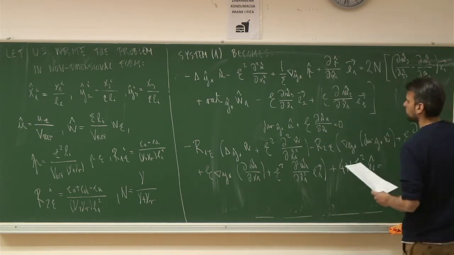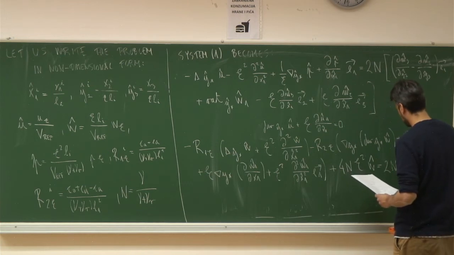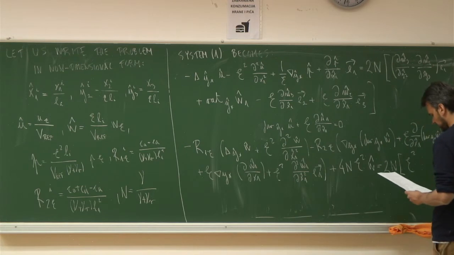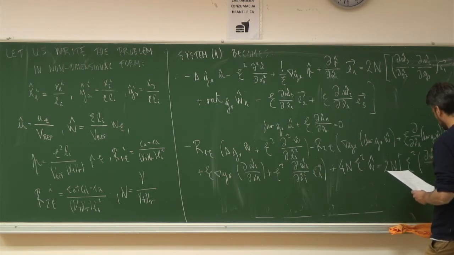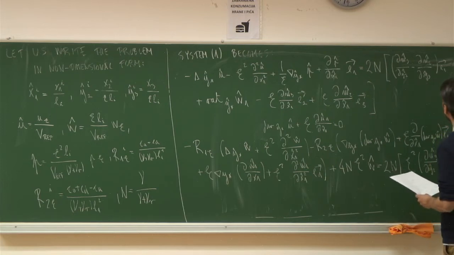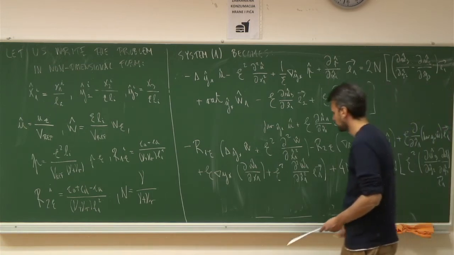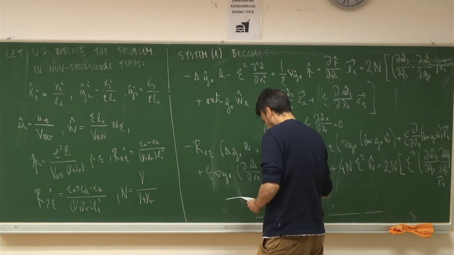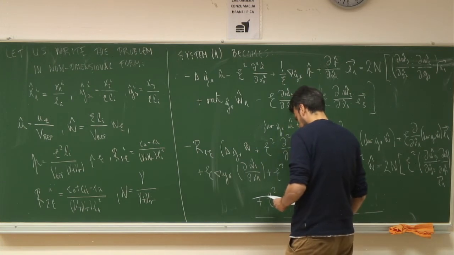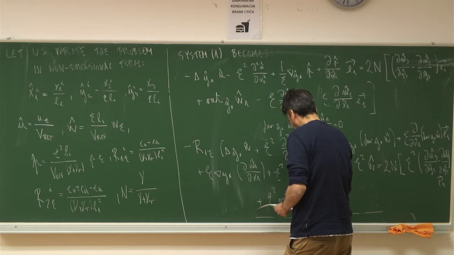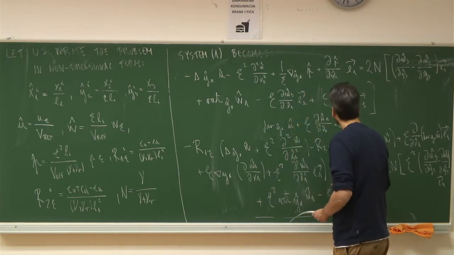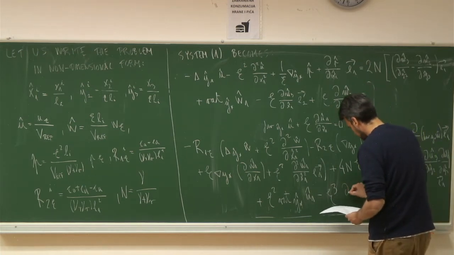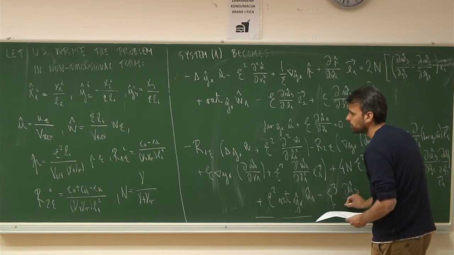So you have this, so 2n epsilon squared du3 kappa over dy2 kappa minus du2 kappa over dy3 times e1 plus epsilon squared rotation y star kappa minus epsilon to the third du3 kappa over d.